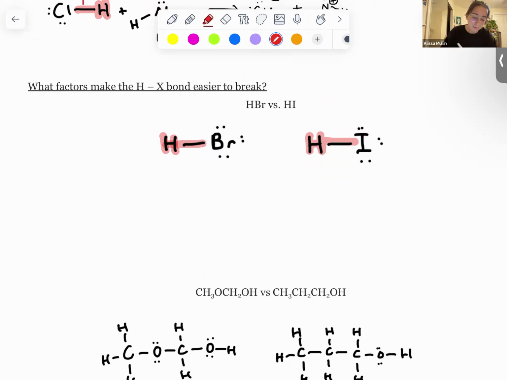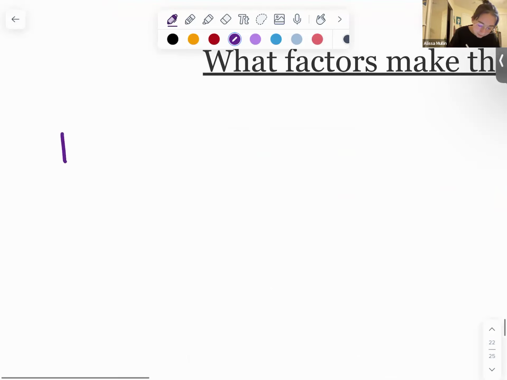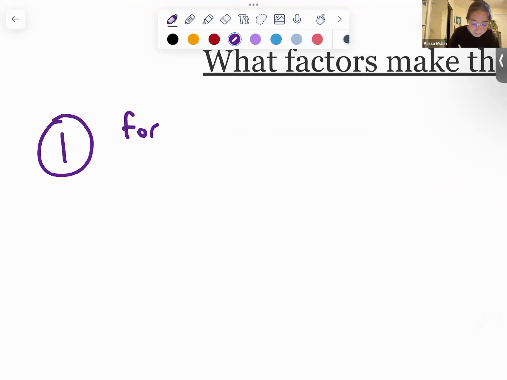Okay, so what factors should we take into account? These kinds of acids, the ones that are basically just the halogen ones, where it's just a proton and then one atom, are called binary acids because there's two things.